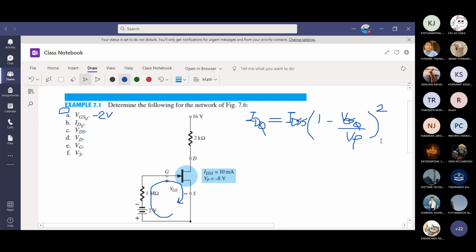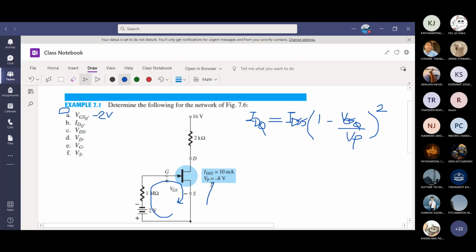One word of caution. If you have a minus sign, put a minus sign here. VP is a minus sign, put a minus sign. Do not miss the signs. If you miss the plus or minus signs, you will be ending up with the wrong answer.